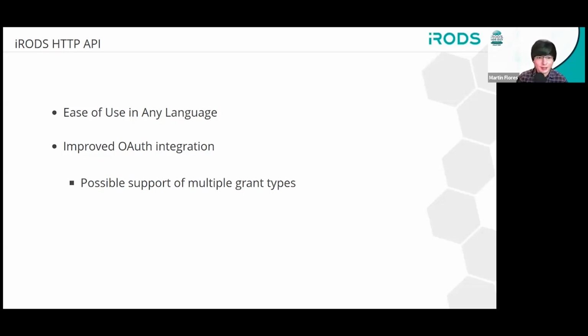It's powered by that protocol. So it should be much more natural to actually work with OAuth, and the HTTP API will allow us to possibly support multiple grant types compared to how authentication is implemented in PAM.